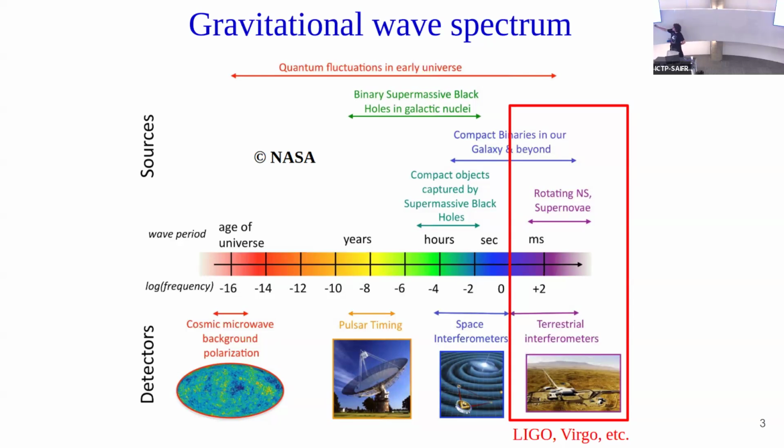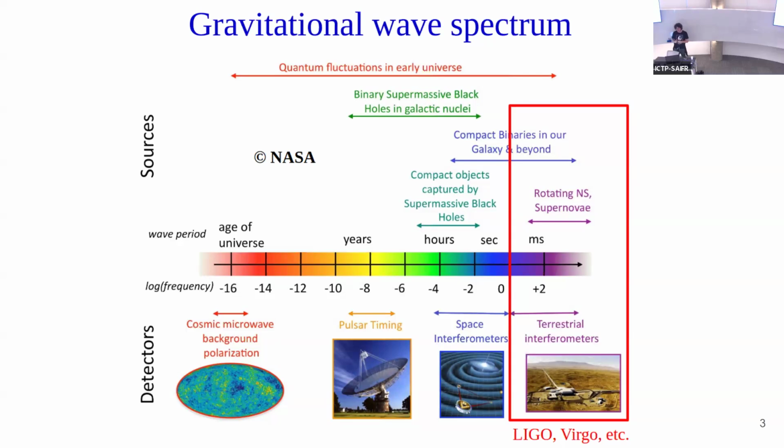And this is the current state of what we detect with LIGO and Virgo, which are binary systems. Most of them are binary black holes, inspiraling and merging. But then you can also have a binary neutron star system or a neutron star black hole binary.